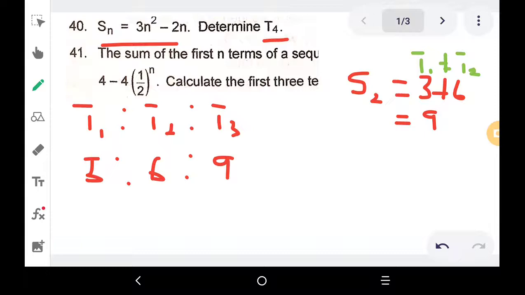The sum of the first three terms is S3, which can be given by 3 plus 6 plus 9. This is going to be 18.